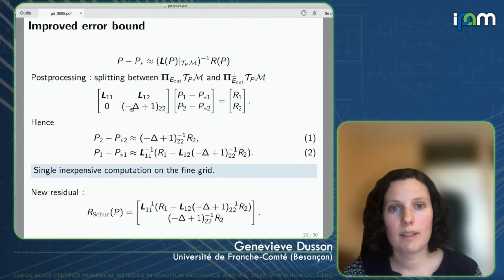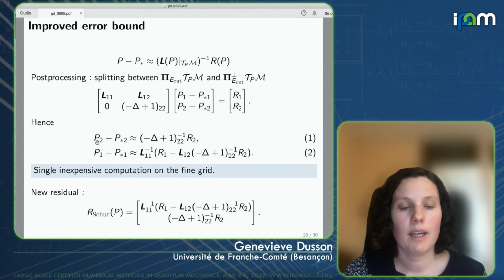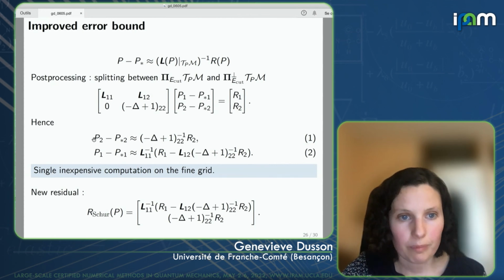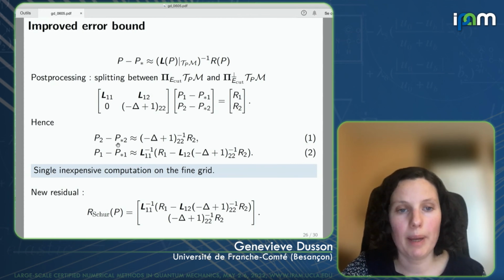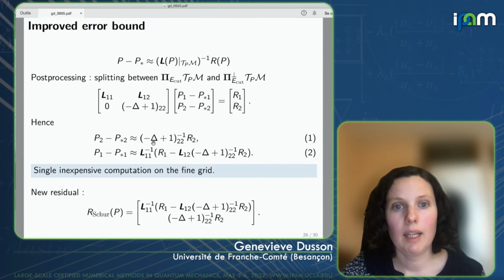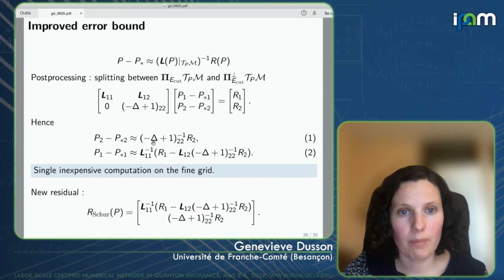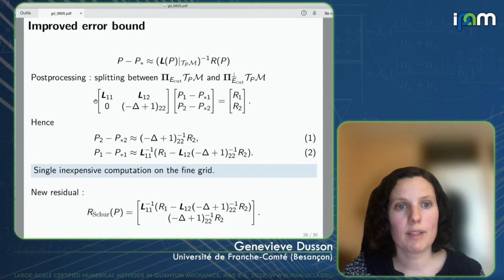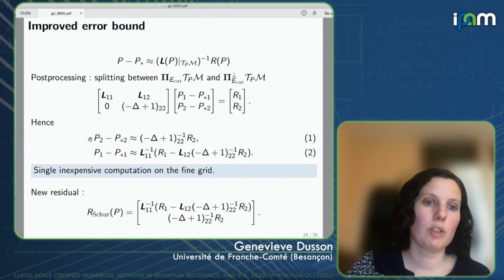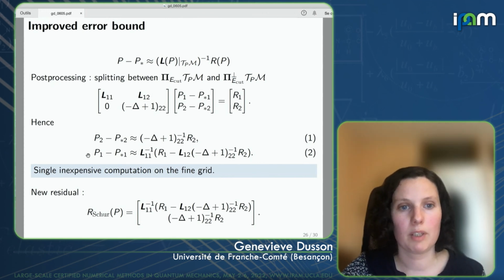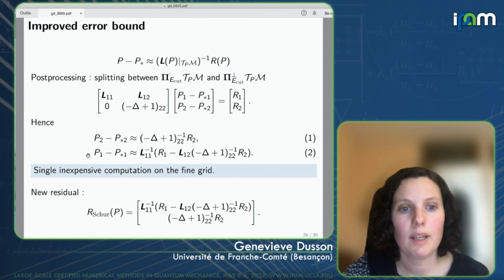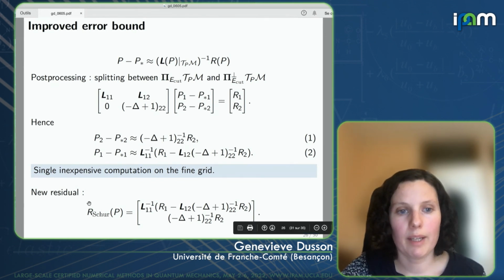So at the end, we compute a better approximation of the error. And we really just invert this system here. And this gives us the approximation on the high frequencies and the approximation of the error on the low frequencies. And this defines a new residual that we can use in our estimations.